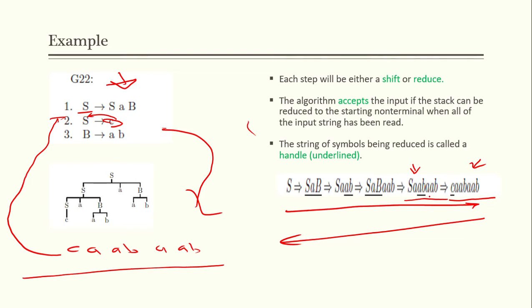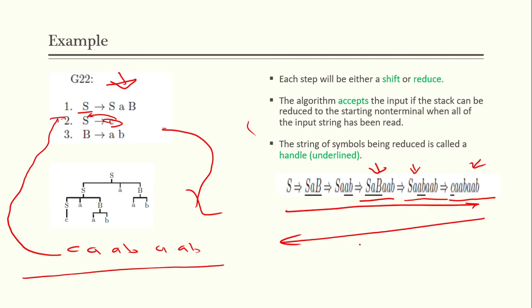AB is rule number 3. Rule number 3 says that if you have AB, you can reduce it to a non-terminal B. So AB is a handle, and you reduce it to B.